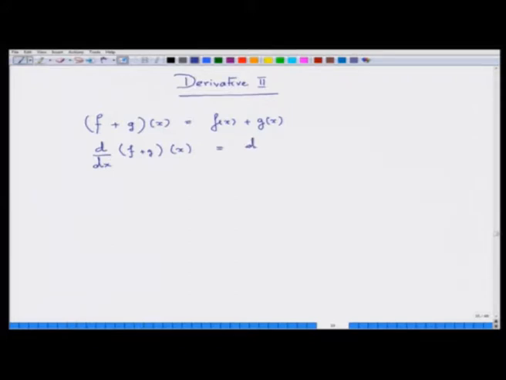You can simply prove even from the first principle, the limit, the definition, that this is nothing but d/dx of f(x) plus d/dx of g(x) or df/dx plus dg/dx. You can write whichever way you think it is comfortable to you. Now, what about subtraction? Of course, you can replace plus with minus.